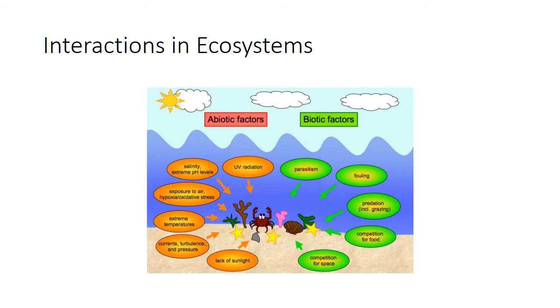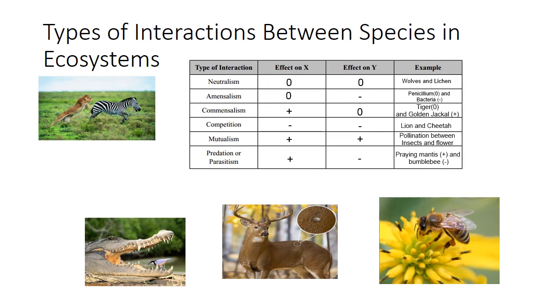That's mostly for aquatic, but also for terrestrial ecosystems. Sunlight or its lack of sunlight, that's also an important abiotic factor that influences ecosystems. Right? And then there are peculiar forms of interaction at the level of biotic factors. And we will take a look at them in the next slide.